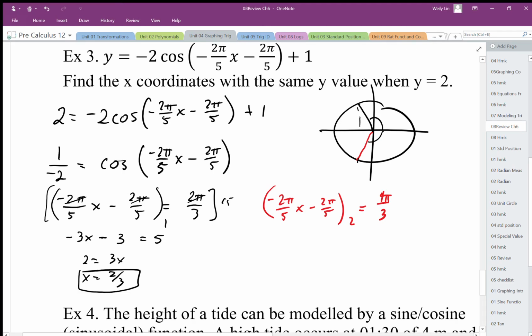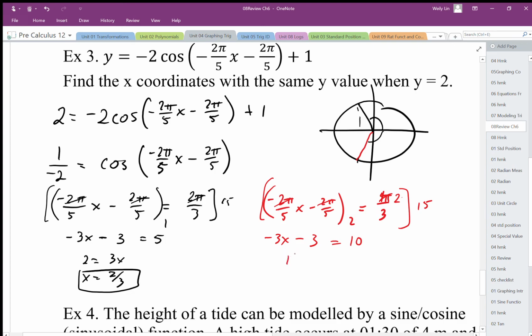Solve this one, I'm going to solve that one the same way. I'm going to get rid of the denominator of 5 and 3 by multiplying by 15. Let's get rid of these pi's. That's going to be 2. So multiplying through, I'm going to end up with negative 3x minus 3 is equal to 30 divided by 3 is 10.